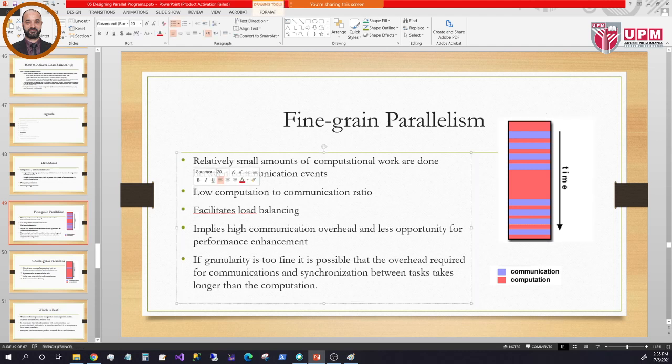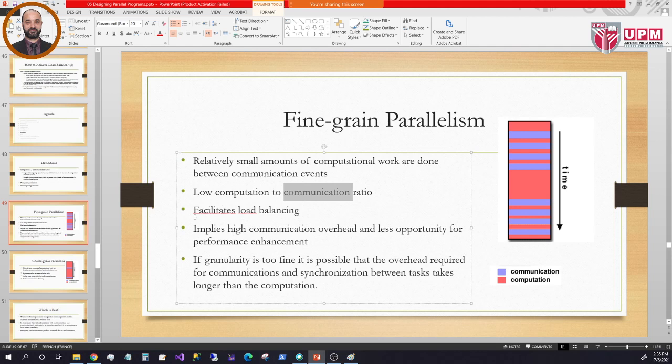So low computation we do here in the red area, then after that we frequently go to communicate, so we need more communication. The ratio will become small to high: computation is small and communication is high. So this will give us a small number divided by a big number, which gives a small fraction. So the value here will become very small, which means fine granularity.